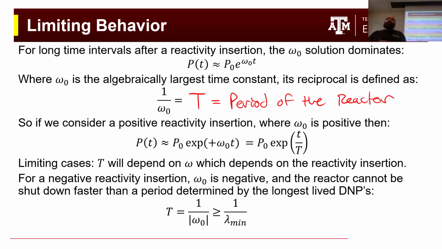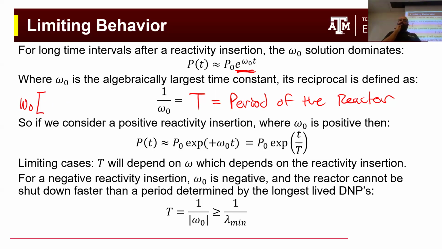So we can think about it in terms of a time constant, and we can think about its reciprocal. Do y'all remember what the units of the time constant are? In our solution, it looks like e to the omega times time. Can exponentials have units?